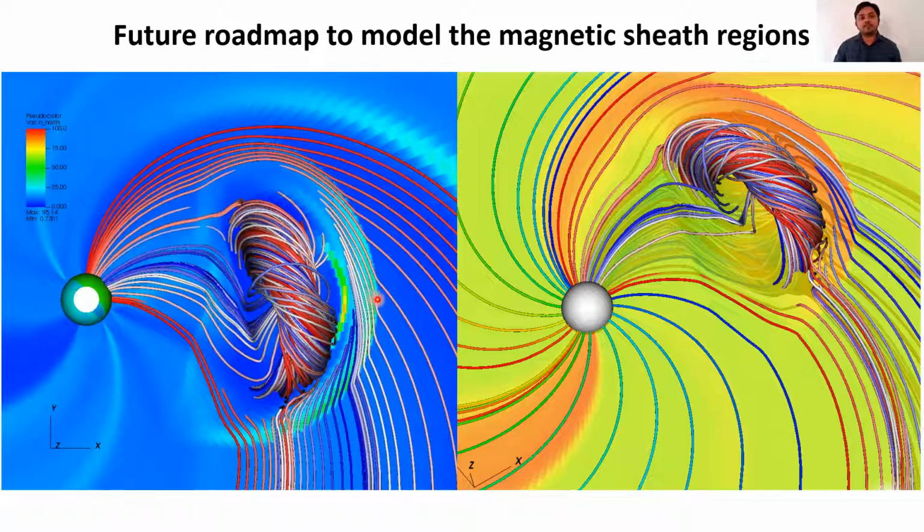Our future plan is, because the challenge is that in MHD we have to go to the kind of length scale where we can actually model the sheaths, now with the advancement in adaptive mesh refinement techniques, we try to apply those and also model the magnetic sheaths for space weather forecasting purposes.